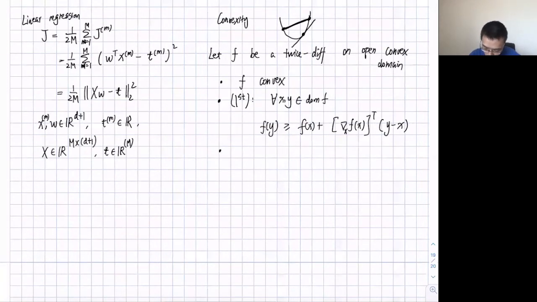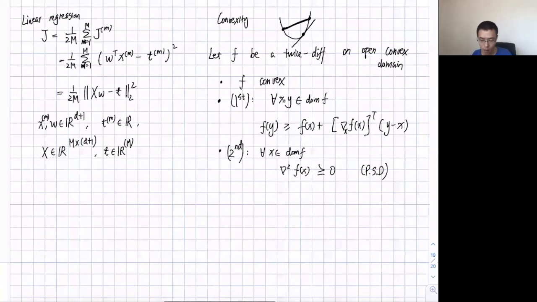And the third condition is the second order condition, which says for any point in my domain of F, the Hessian matrix of F at X is positive semi-definite. So with these conditions, we can verify whether a function is convex more easily than by going with the definition.